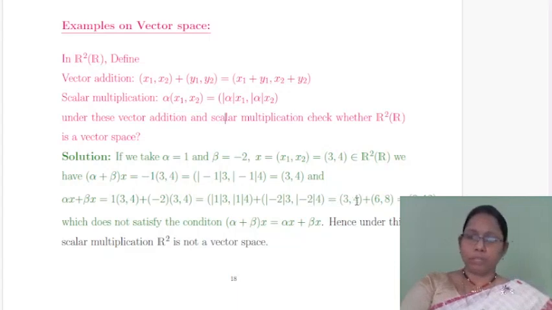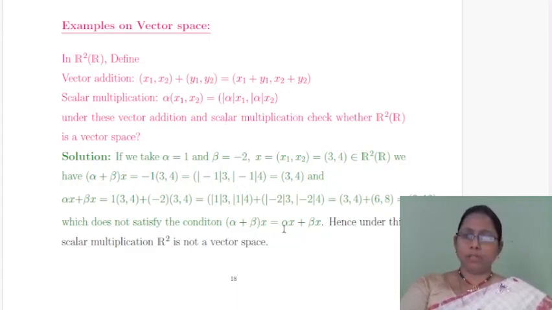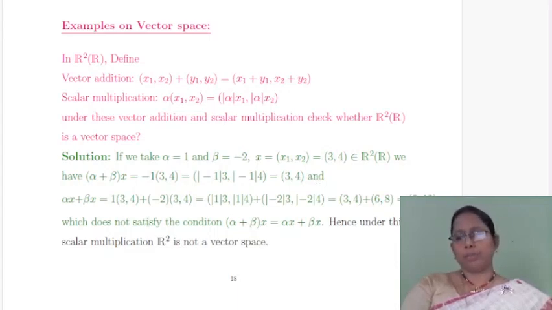That will give you (3, 4) plus the ordered pair (6, 8). If you add these using the definition of vector addition, you will get (9, 12), which is not equal to (3, 4). So this condition is not satisfied, and therefore we conclude that under this scalar multiplication, R2 is not a vector space.